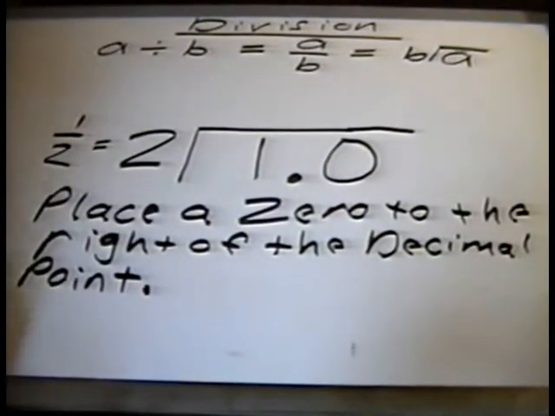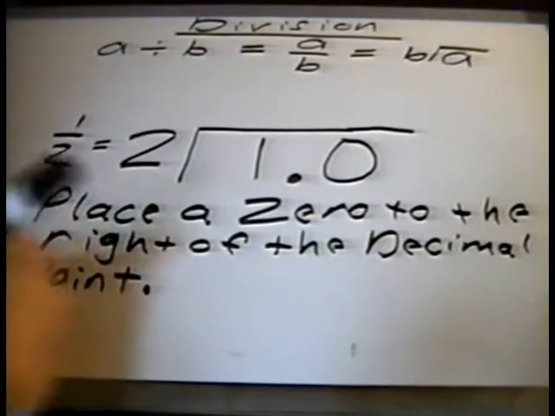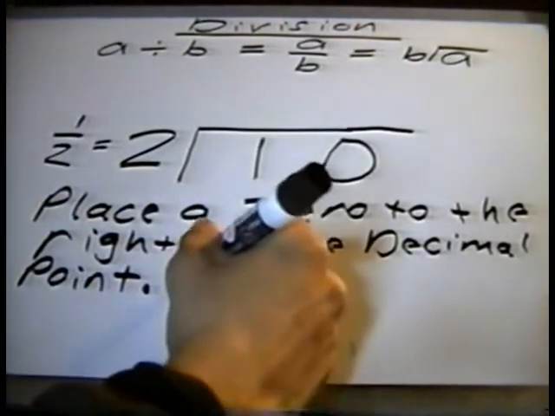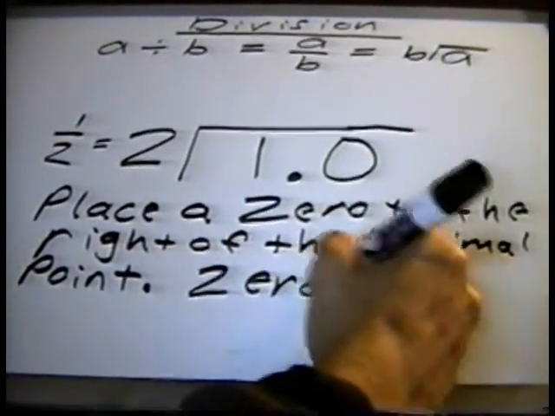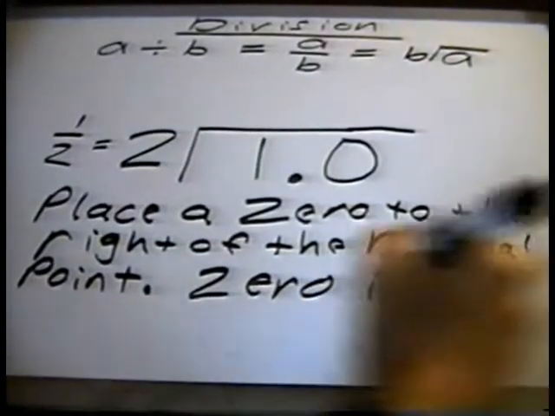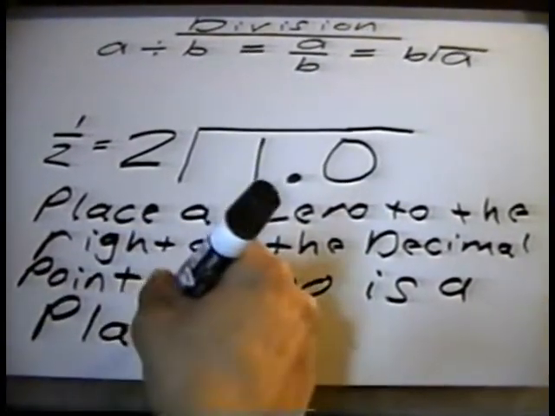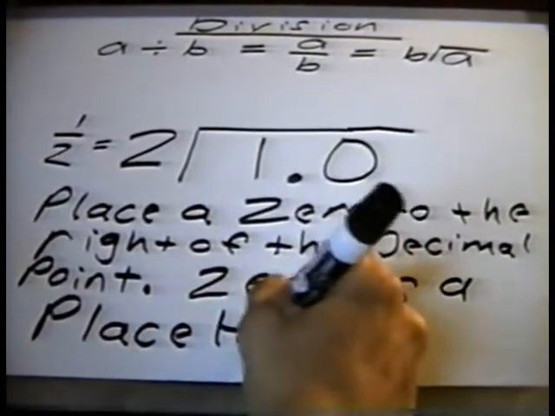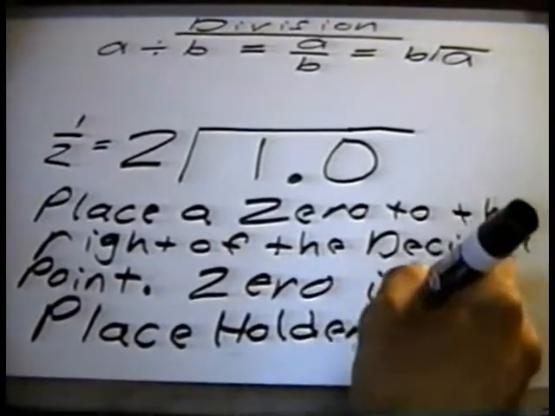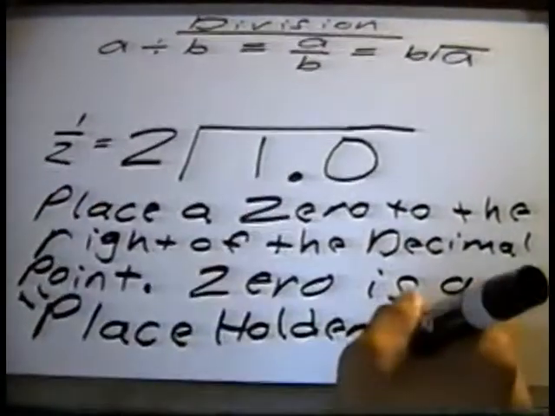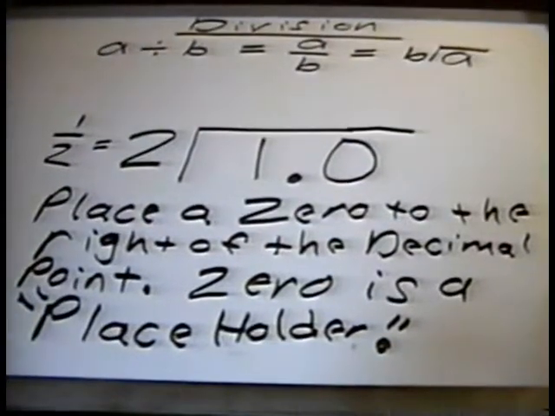And remember, the number 0 is a placeholder. So it's called a placeholder.